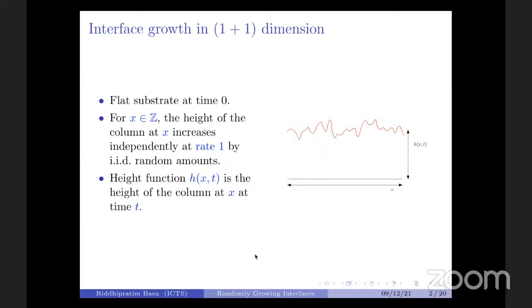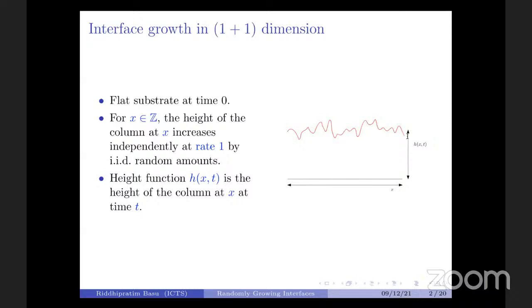The interface that we are considering at time t is the top envelope of this sequence of columns. So if at time t you plot the function h(x,t) as a function of x, that will give you the interface.